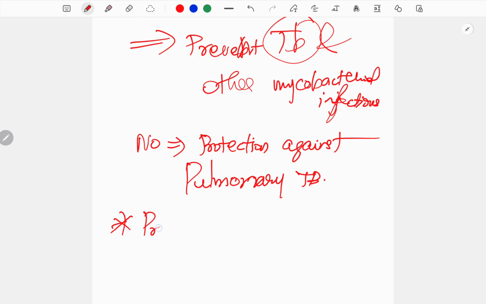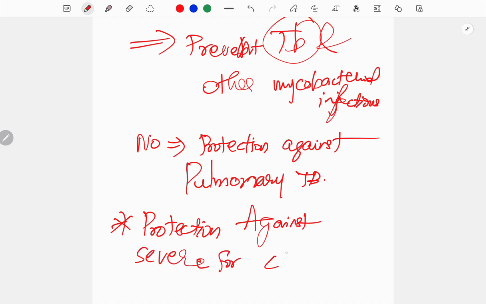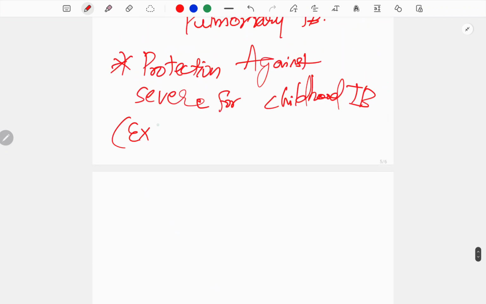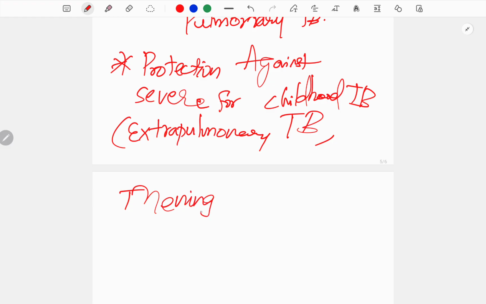But it has a protective mechanism, protection against severe forms of childhood TB, that is extrapulmonary TB, meningitis, and miliary TB, etc.